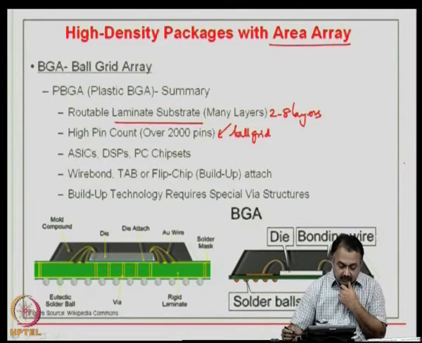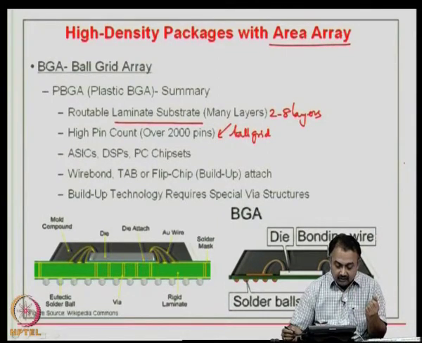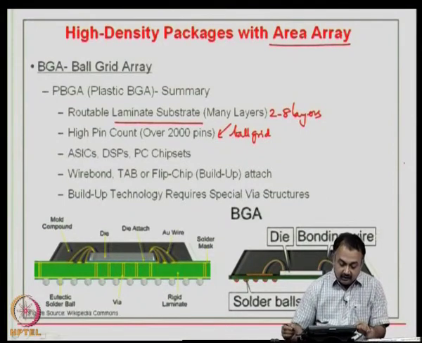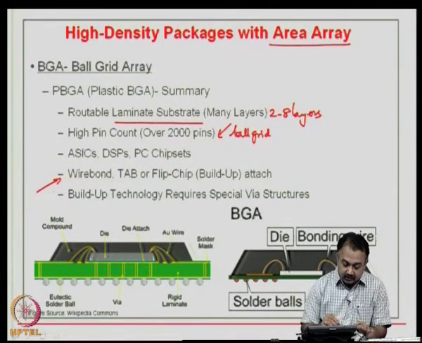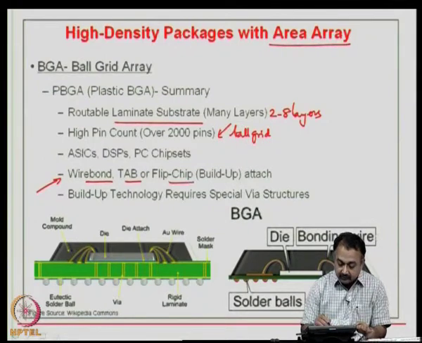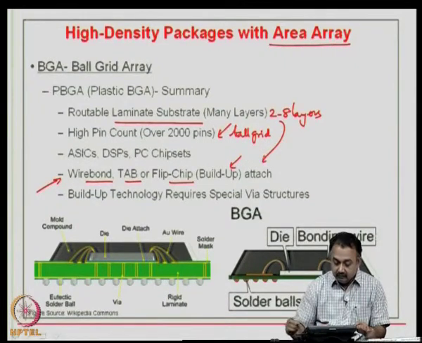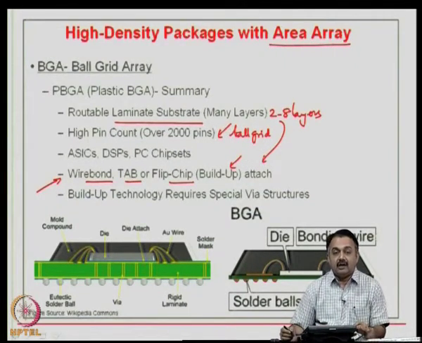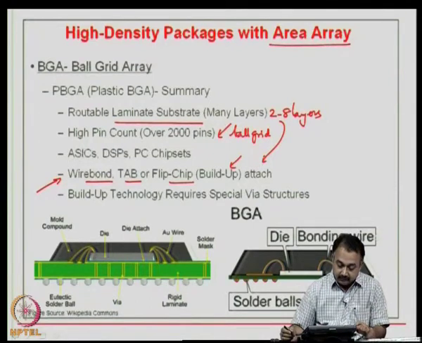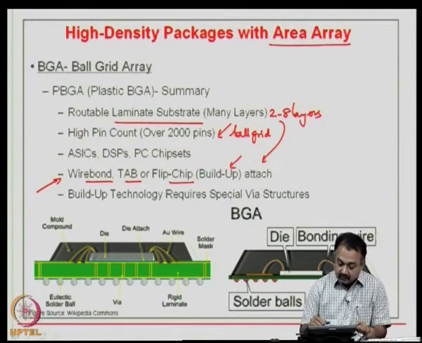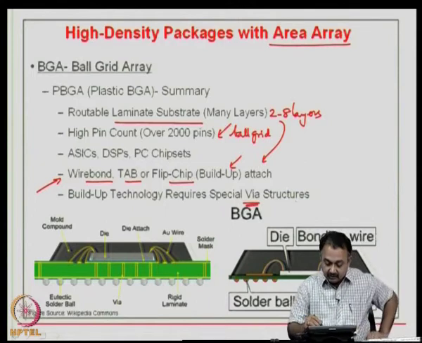The areas of application for BGAs are typically CSPs, DSPs, that is digital signal processors, and chipsets of PCs, and the inside construction could be a wire bond, TAB or a flip chip. When you use a flip chip, you have to use a build up technology by having a high density interconnect substrate, and the build up technology requires special via structures.